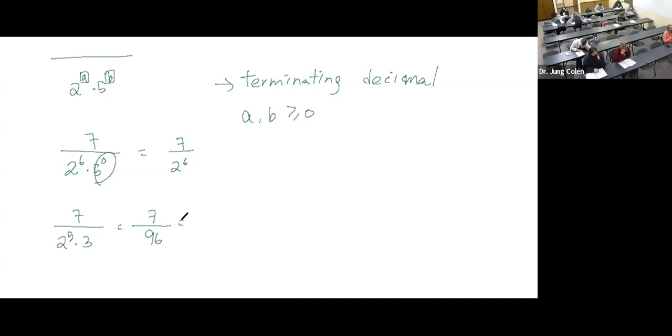So 7 divided by 96 is 0.072916666. It goes on and on and on.